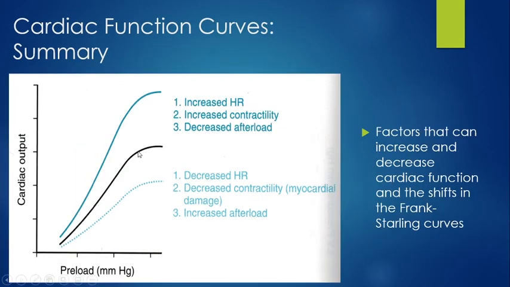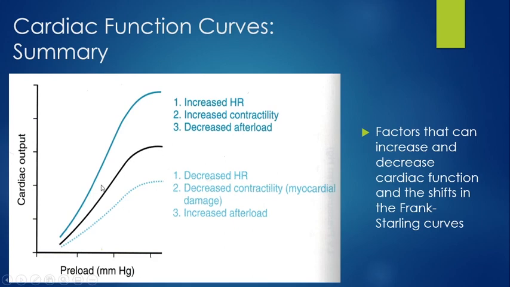We know that changes in cardiac output are due to changes in heart rate and changes in stroke volume. Obviously, when there is an increase in heart rate, there's an increase in cardiac output. When there's a decrease in heart rate, there's a decrease in cardiac output. Now, the three factors that we discussed today which affect stroke volume are preload, contractility, and afterload.